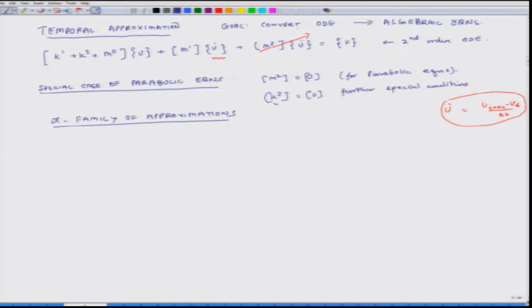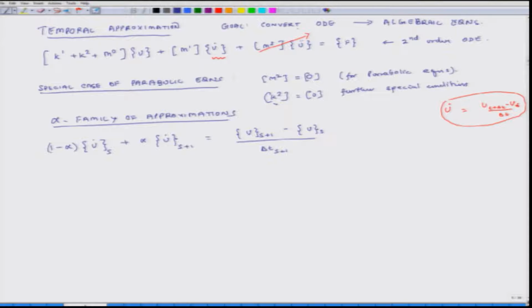What does the alpha family of approximation say? 1 minus alpha times u dot at step number s, plus alpha times u dot at step number s plus 1, where s stands for step number, equals u at step s plus 1 minus u at step s, divided by delta t, the s plus 1th time step.